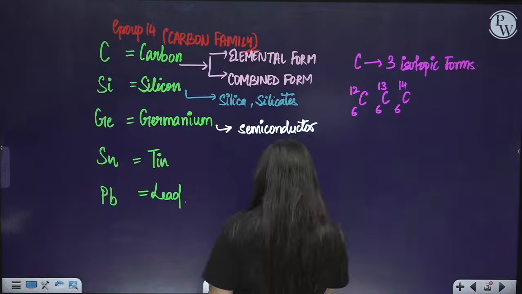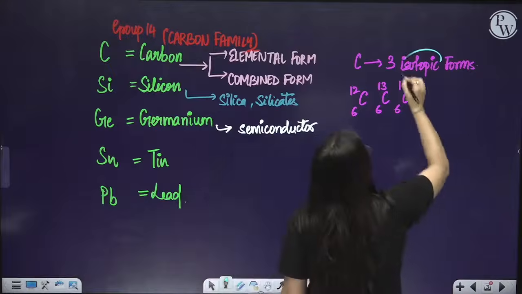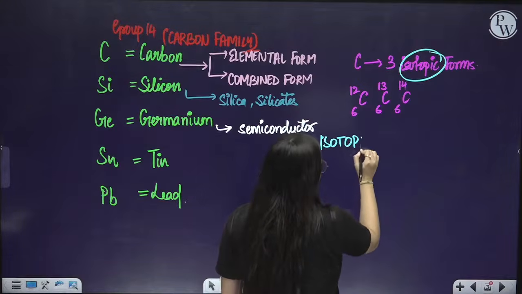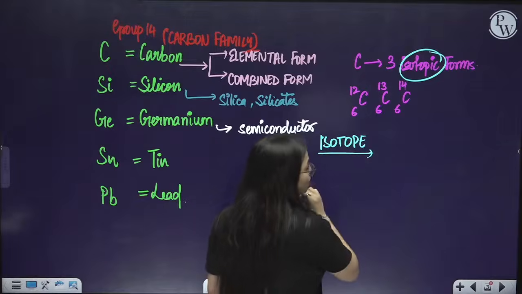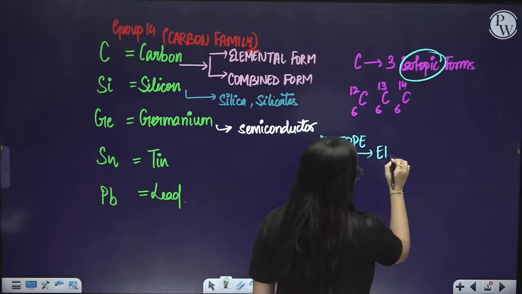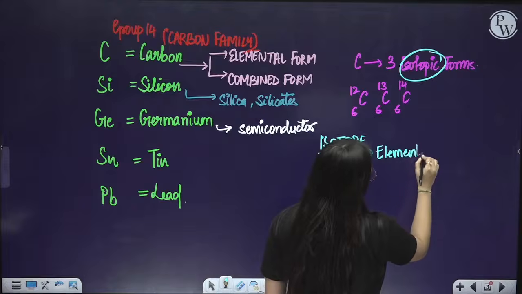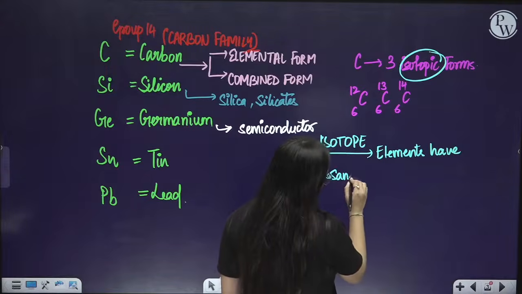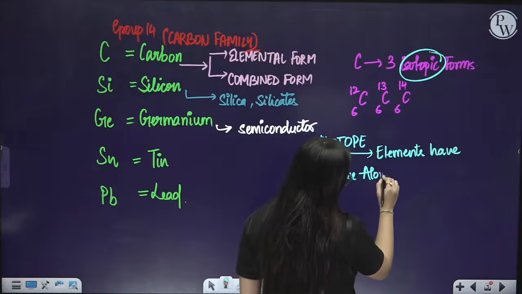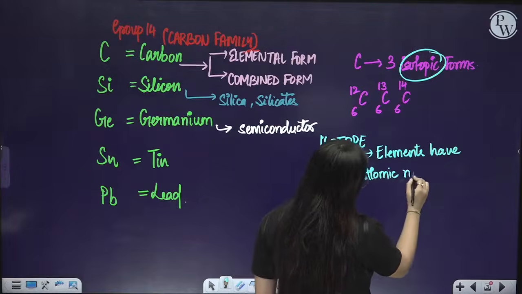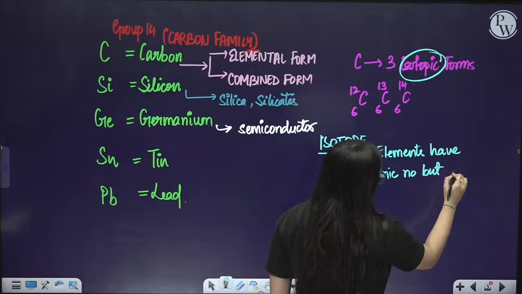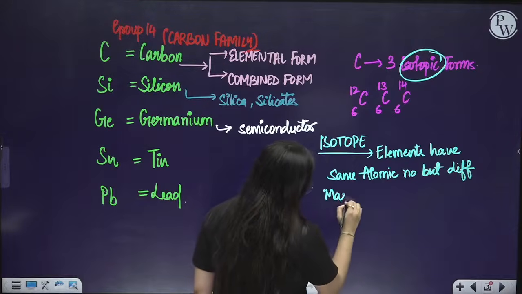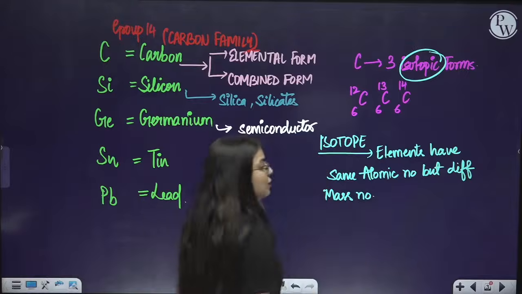Now, if someone doesn't know what an isotope is, let's discuss that first. Isotopes are elements that have the same atomic number but different mass number.